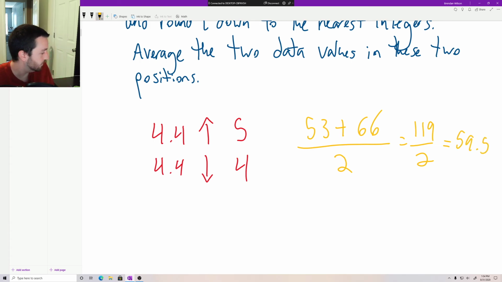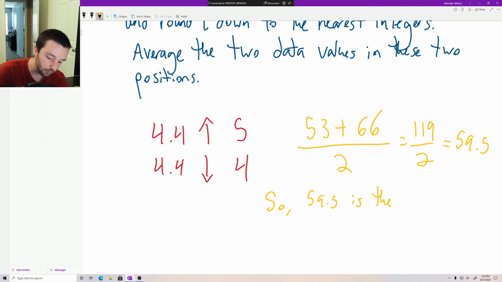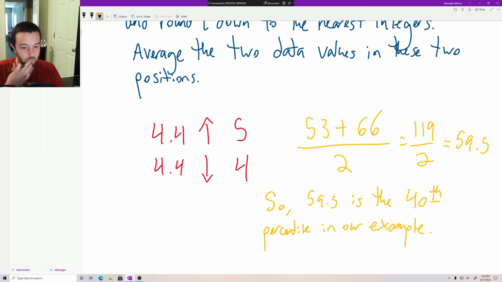Okay. So 59.5 is the 40th percentile in our example. So that means 40% of people got a 59.5% or worse.